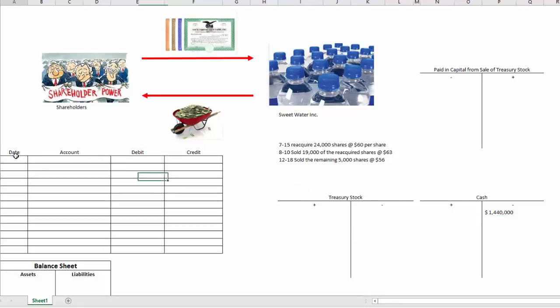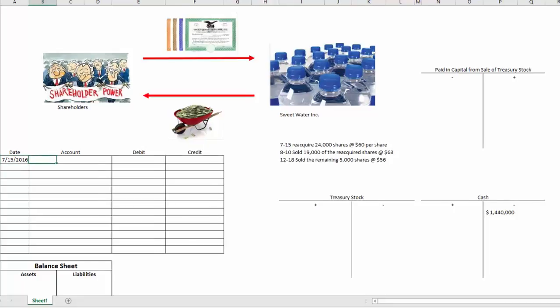So I can do this in T account form. I can do it formally on this journal sheet here, and I'll do it in both ways. So let me give it the year here. That's fine. Okay, that's fixed. So I've got the date, I've got the account. Now debits always come first. And remember, debits have to equal credits.